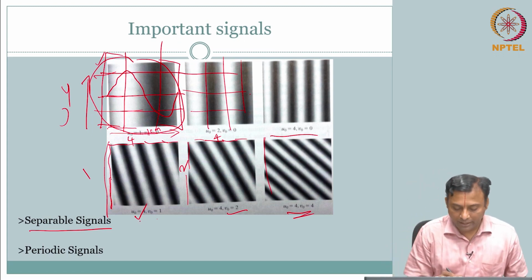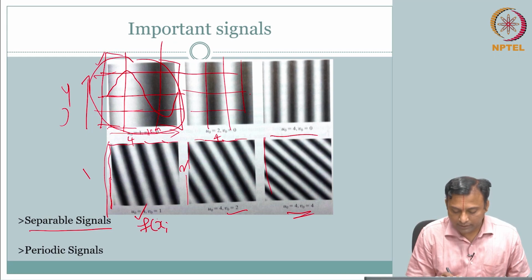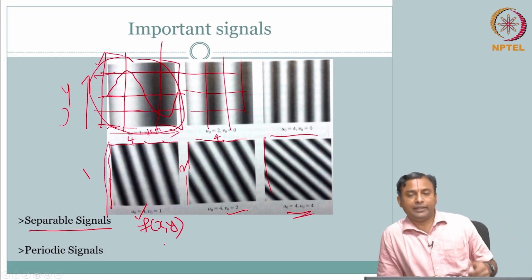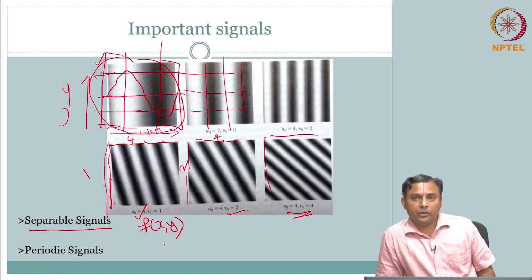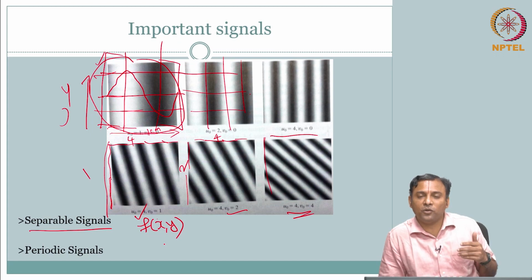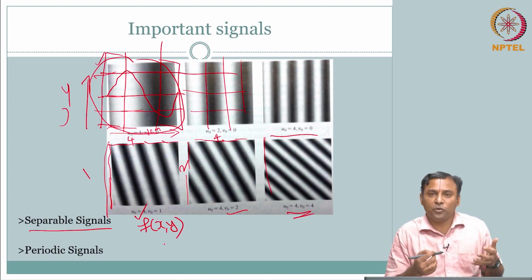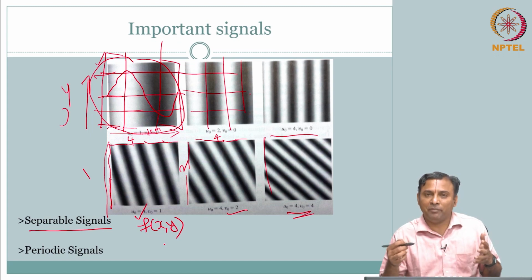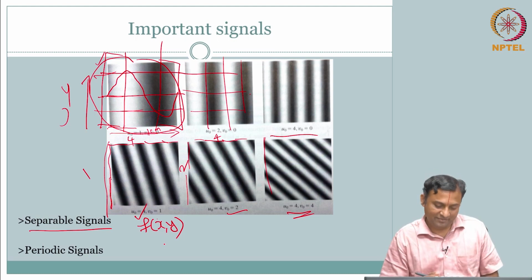So far what we have is f of x comma y, that is what we are interested in, a two dimensional signal. But then, you know, we are always lazy. If we know how to use something, we do not want to learn something new. If I can make use of what I know to solve a problem, we will do only that.